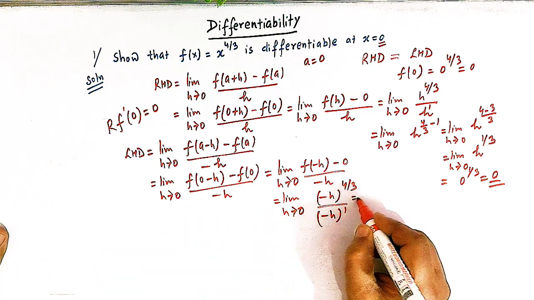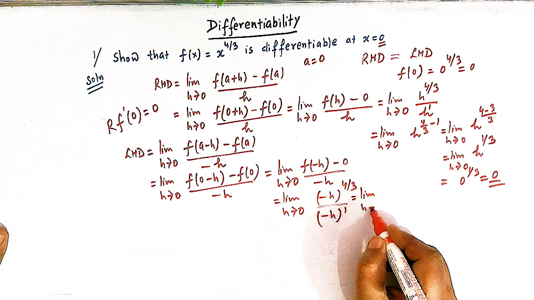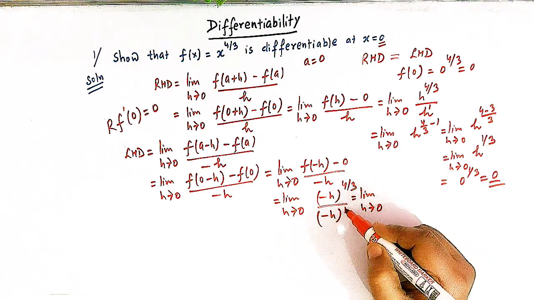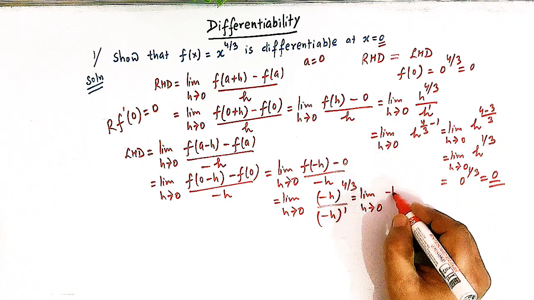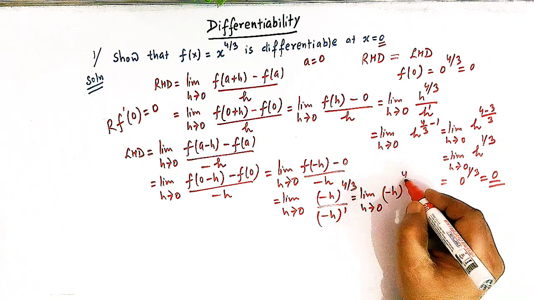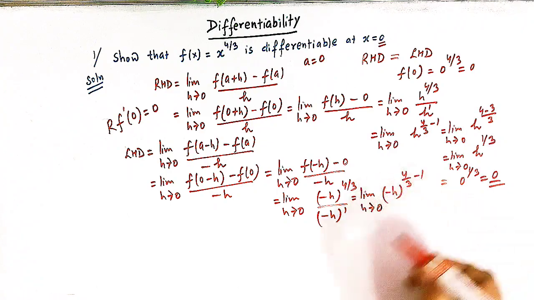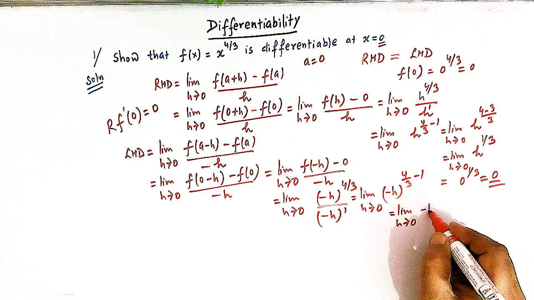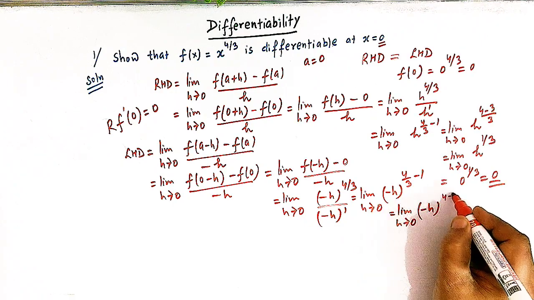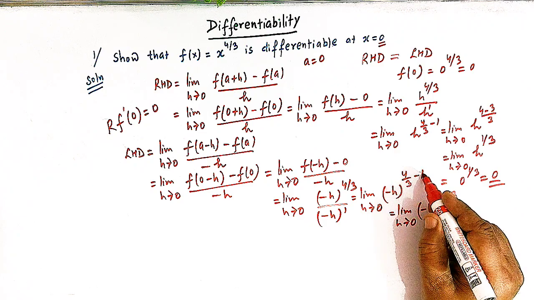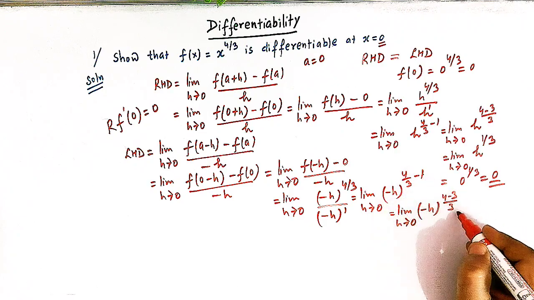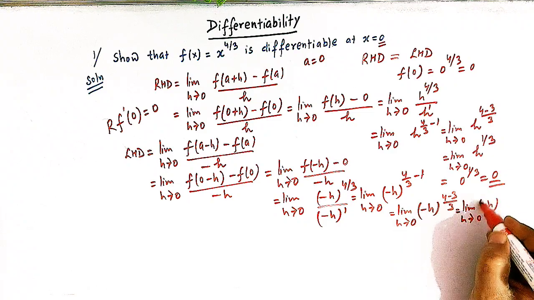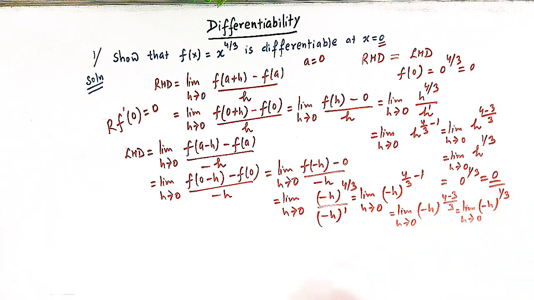Again, applying the laws of exponents, we take minus h raised to 1 to the numerator, so we have minus h raised to 4 over 3 minus 1. This is limit h tends to 0 of minus h raised to (4 minus 3) over 3, that is minus h raised to 1 over 3.